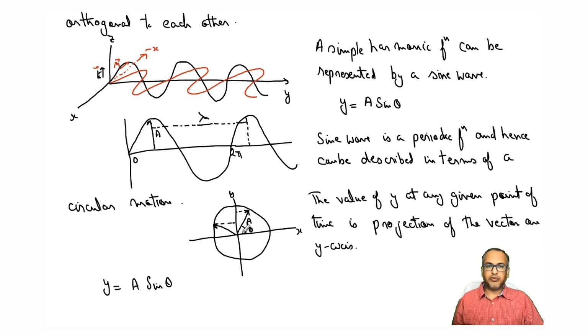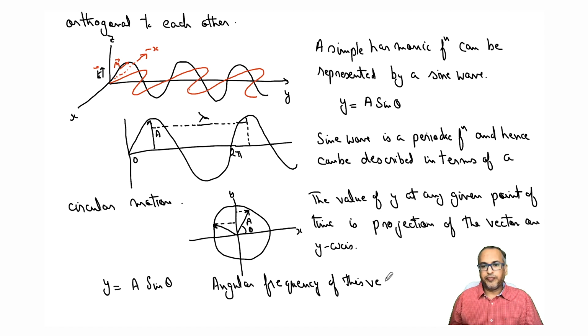So this comes from simple trigonometry, that this particular side of the triangle will be a sine theta. If this is my base, this is my hypotenuse, and whatever is the angle, then you will get a sine theta. So this comes from basic trigonometry. Now let's say the angular frequency of this vector, that means the speed with which this vector is rotating, is omega.